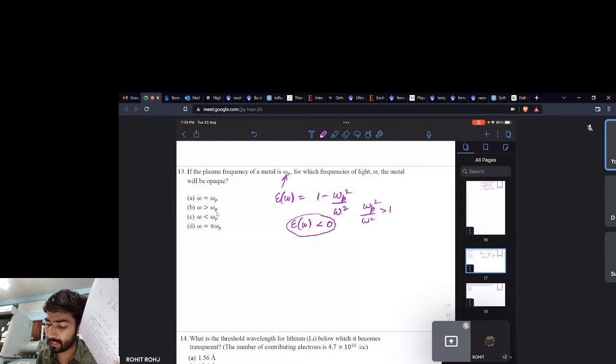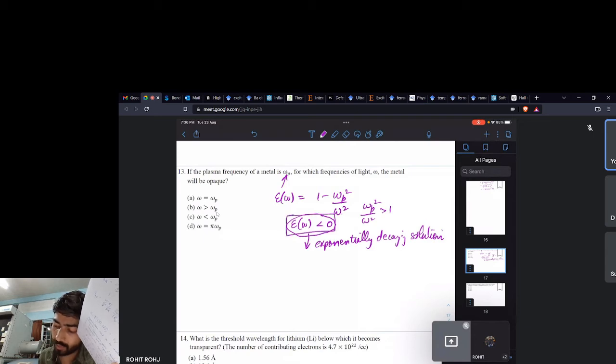Now if you plug this negative dielectric constant value in the wave equation used for propagation of a wave inside a material, one would see exponentially decaying solutions when the dielectric constant is negative.